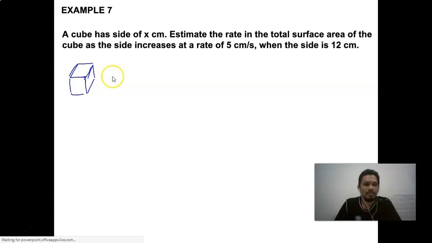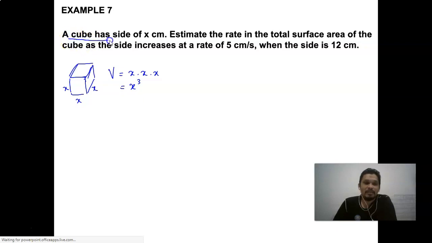You may imagine a dice. Here is x, the height is x, and here is also x. So the volume V is x multiplied by x multiplied by x, which gives you x cubed. So the cube has side x centimeters.